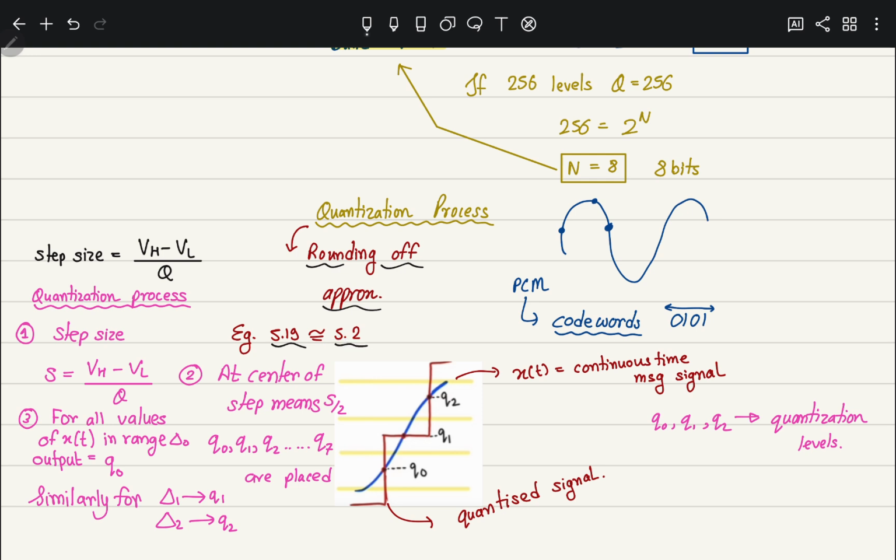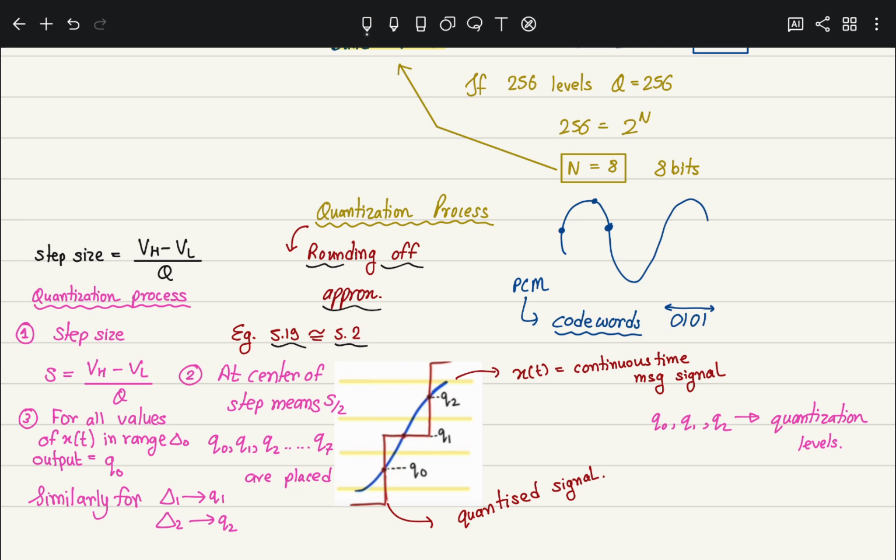Likewise, when we get an analog signal, we take a part of the analog signal and take approximate values, approximate points or approximate quantization levels, to determine the actual digital code.